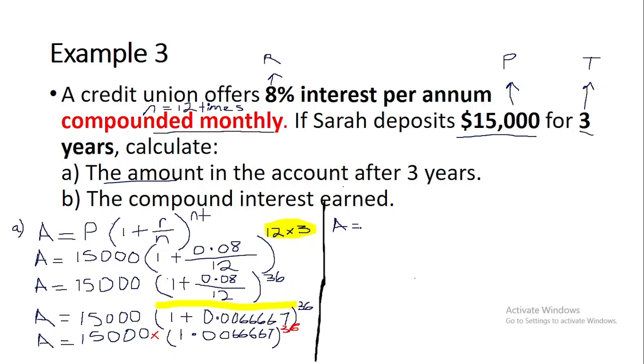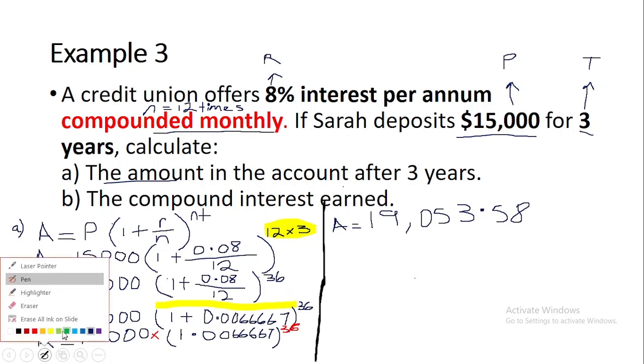It's gonna be equal to a number, and we just get a big number. We're just gonna multiply that number by the 15,000, and that should be equal to 19,053.58, 58 cents, and let's put the dollar sign right there.